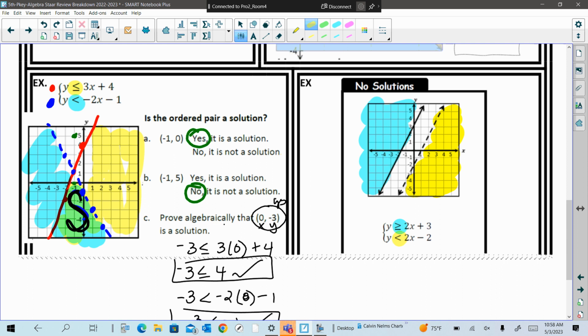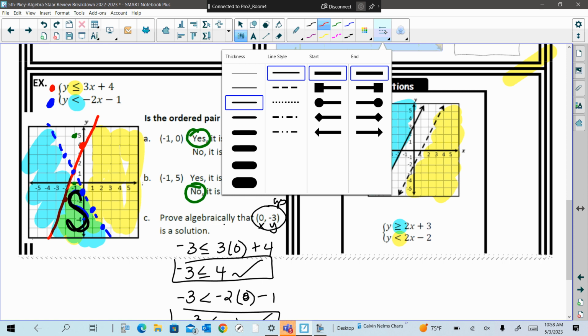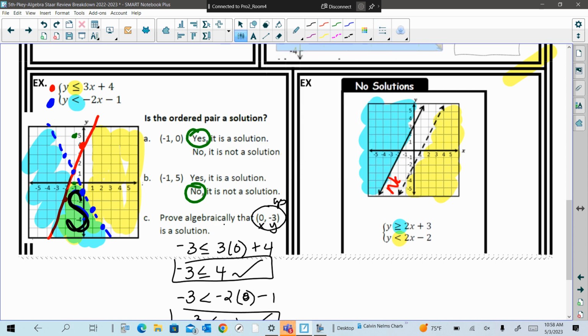Okay, do you see how they don't overlap? Okay, so that says no solution. Because there's no overlapping, I'm just gonna write no solution. No overlapping means no solution. All right, so that is objective 2 now.